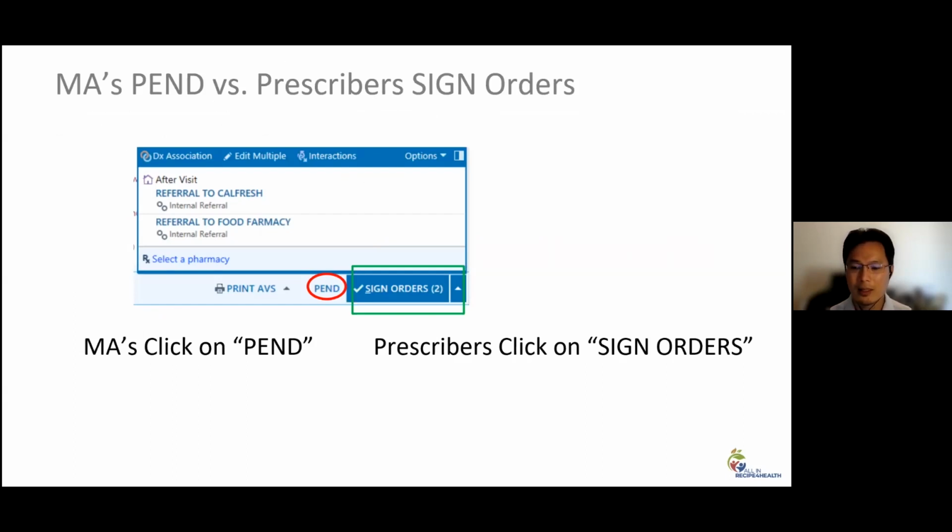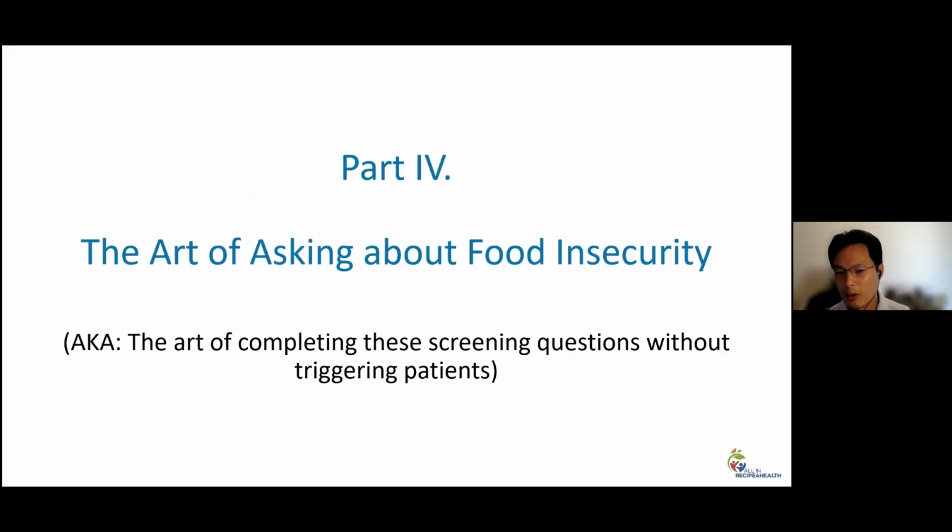The next section then is really where we want to go today. And this is the art of asking about food insecurity. Basically, how do you complete this screening without triggering patients? Because you may have encountered, I'm curious if you've asked this in the last 2 weeks, and you realize, wow, that mother didn't want to answer me.